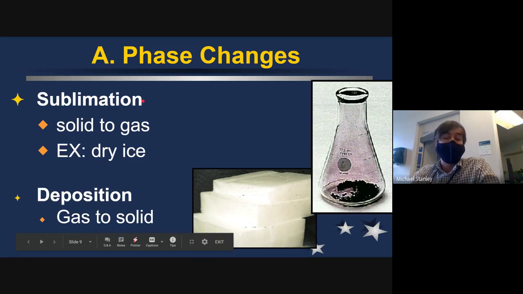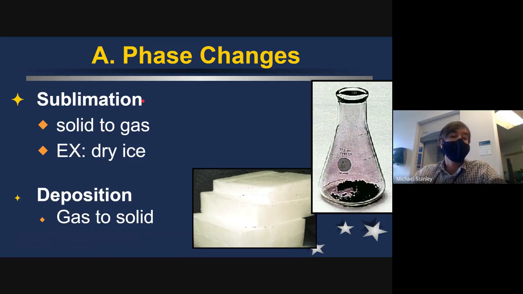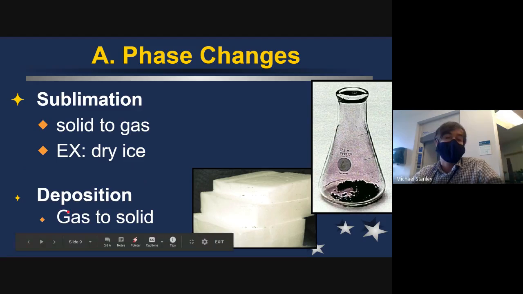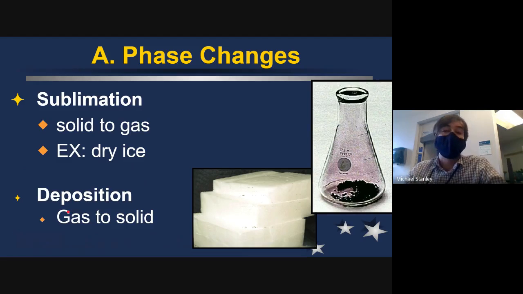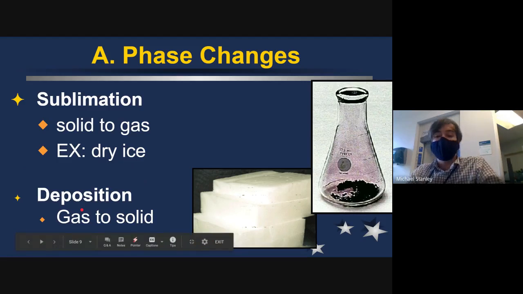You don't see them as often in kind of your everyday life, but they do happen, and it's essentially due to big temperature changes, either heating up a solid extremely quickly or cooling down a gas extremely quickly. Either of these will create this direct solid to gas or gas to solid phase change of either sublimation or deposition.